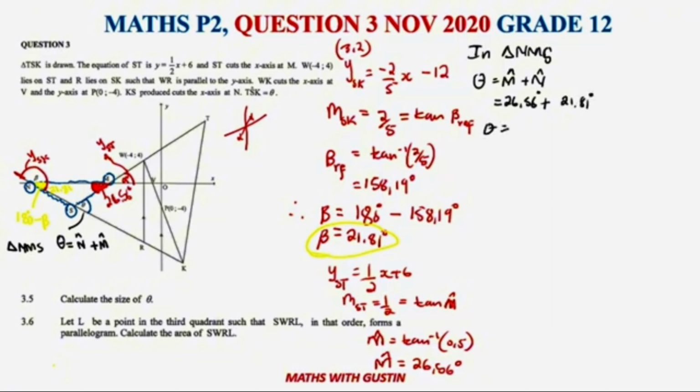Therefore theta is going to be equal to, let me check on my calculator here, it's giving me 48.37. All right, so this is our angle theta here.